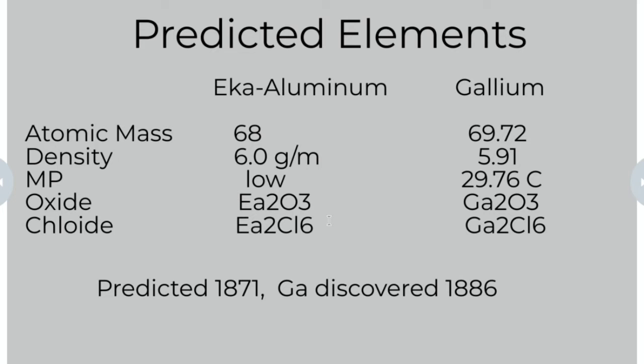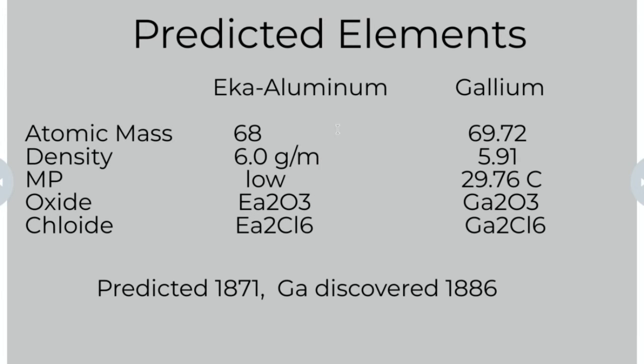He said, well, if somebody goes out and looks for an element like this, they should find it. And 15 years later, an element that matched Mendeleev's prediction was found, gallium. So look at how accurate he was.